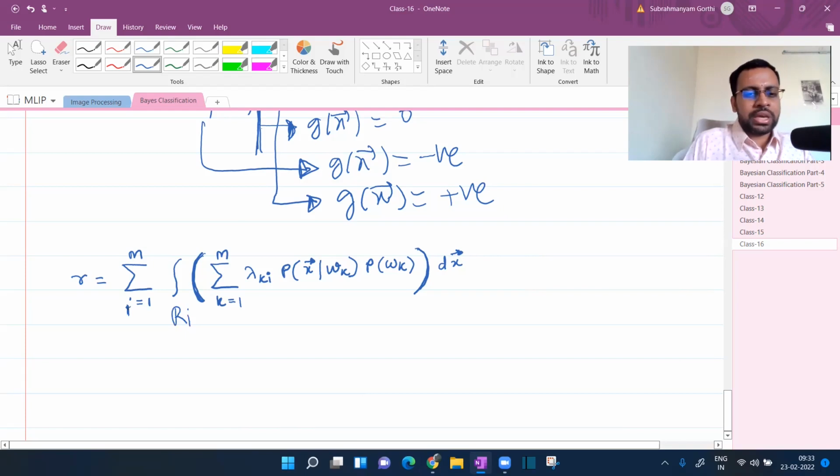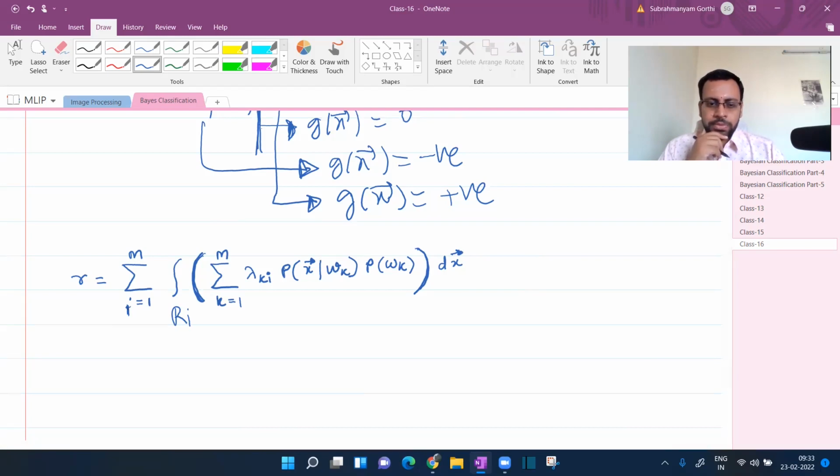You can interpret this equation in two ways. One way is that you are going to compute the regions for each of them. Computing regions is equivalent to computing the decision hyperplanes.